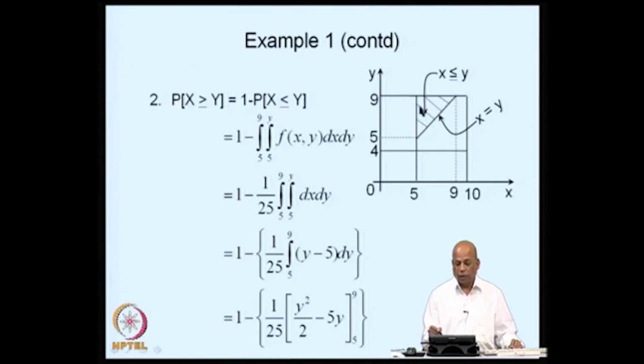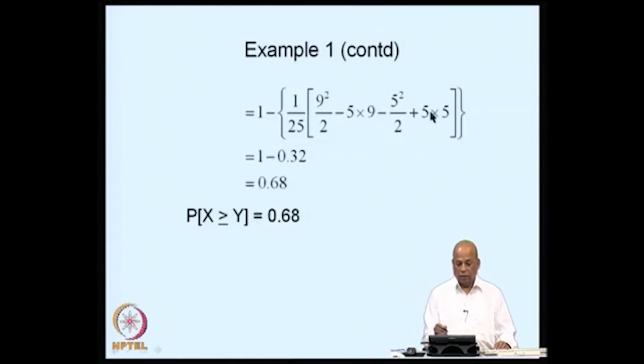Over this area we are integrating the function f of x comma y, which is 1 by 25, from 5 to 9 with respect to y. We get values like this.